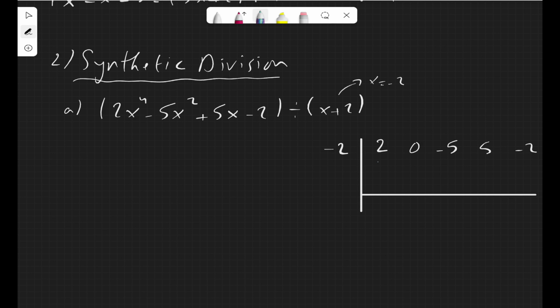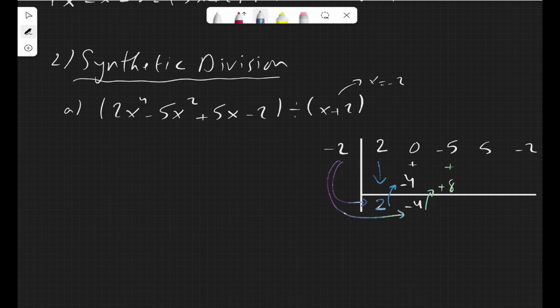For the first step, the first number, we take it down the same. And then we multiply negative 2 by 2, and the answer is here, negative 4. Add the two numbers above each other, 0 and negative 4 is negative 4. Repeat, negative 2 multiplied by negative 4 is positive 8.